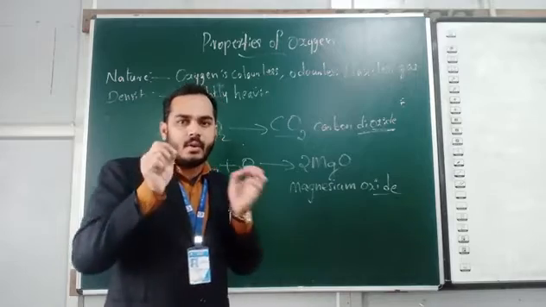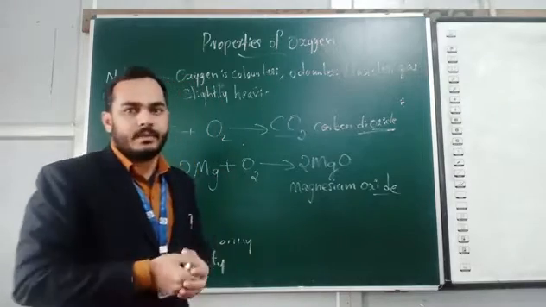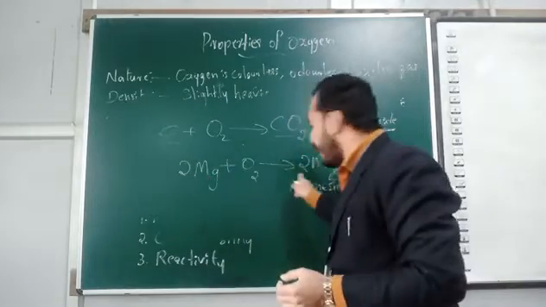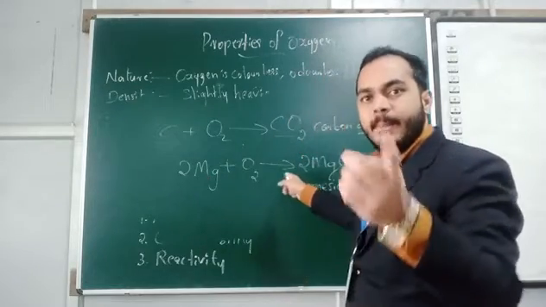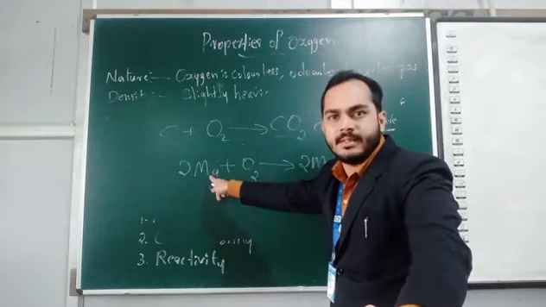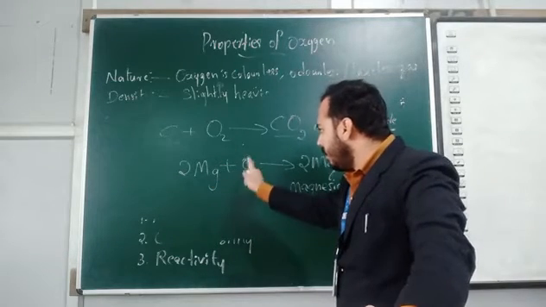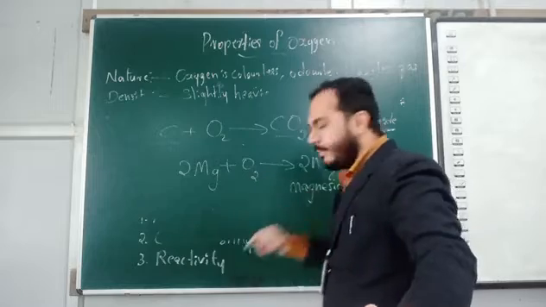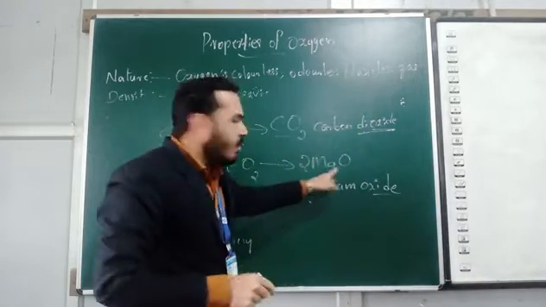And if oxygen reacts with a metal, we get their oxide, meaning metallic oxide. I will give you an example. Mg is magnesium. Oxygen reacts with magnesium and we get the product magnesium oxide.